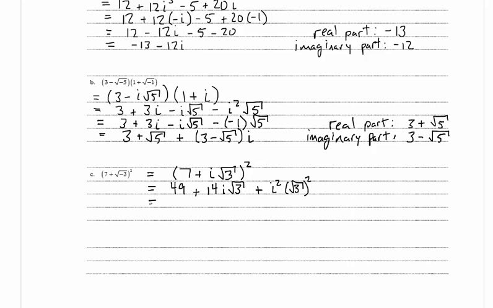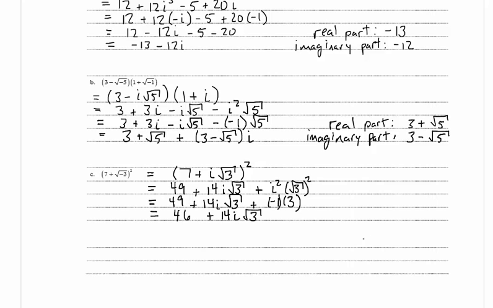And this is equal to 49 plus 14i square root of 3 plus i squared is equal to negative 1, and the square root of 3 squared is equal to 3. So now we can combine our like terms, and we have 49 minus 3 is 46 plus 14i square root of 3.